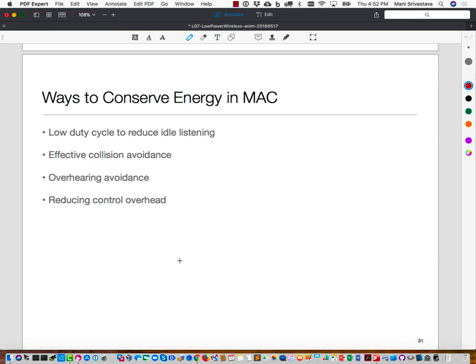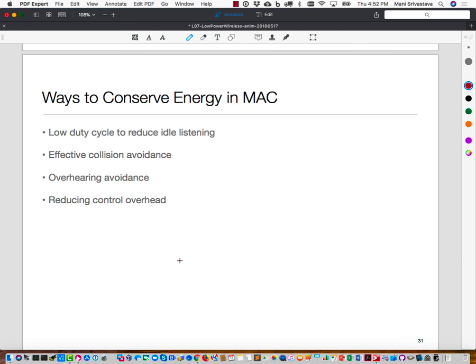Even with Bluetooth LE, we didn't talk about it, right? We have these devices which periodically wake up and transmit something. How do we make sure they don't collide? And usually the answer is you don't bother about it, because if the transmissions are rare, then collisions are also rare. So you don't worry about that.